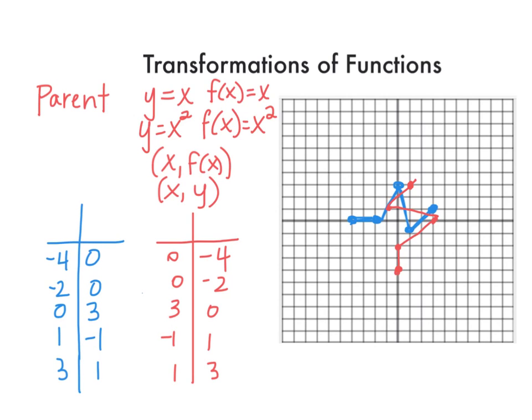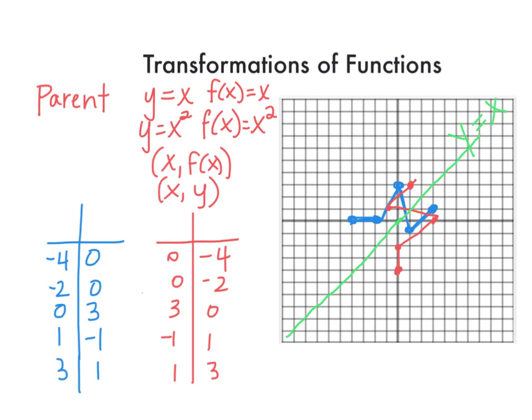notice I made my table from left to right, then I plotted them left to right, then I connected these left to right. So we talked about what it would look like graphically, and graphically it should look like that blue graph is reflected over the line y equals x, and you can see that that is the case.